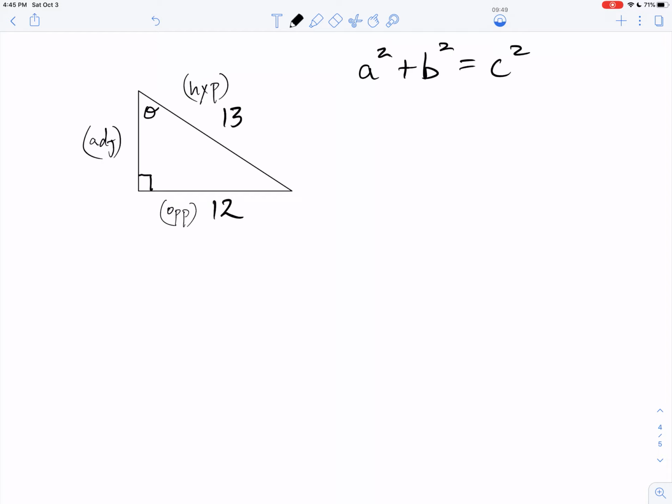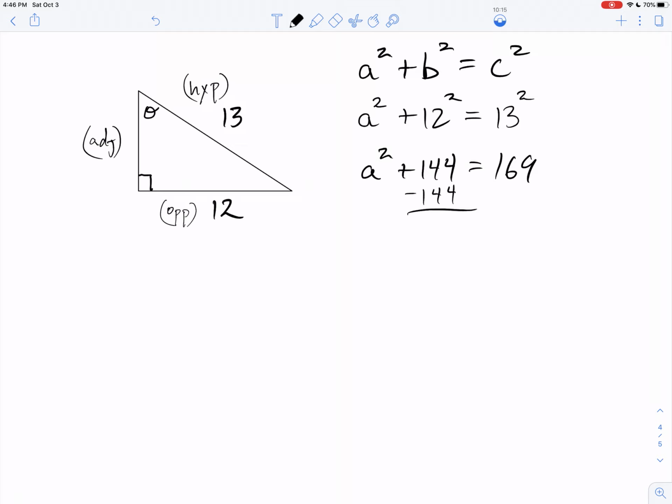It's always the longest side. So one of these legs, I don't know what it is, but the other one, they told me it was 12, and then the hypotenuse is 13. So I could say a squared plus 144, 12 squared, equals 169. That's 13 squared. I could move this over and subtract, and I get a squared is equal to 25.